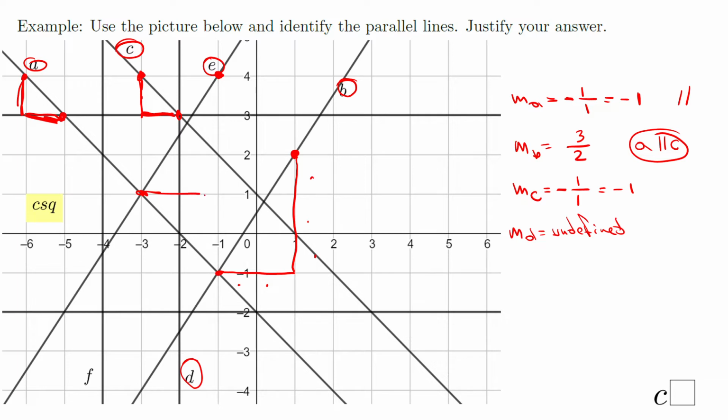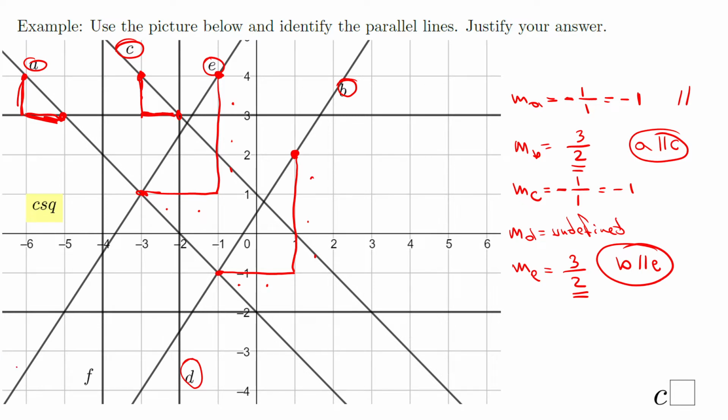So again, the slope triangle, and we notice the rise is 3, 1, 2, 3. The run is 2, 1, 2. So the slope of line E is going to be 3 over 2. It is going up from left to right, so it stays positive. So at this moment, we notice 3 halves and 3 halves, 3 over 2 and 3 over 2, so lines B and E are parallel lines.